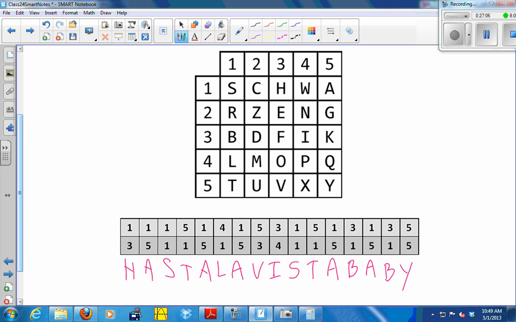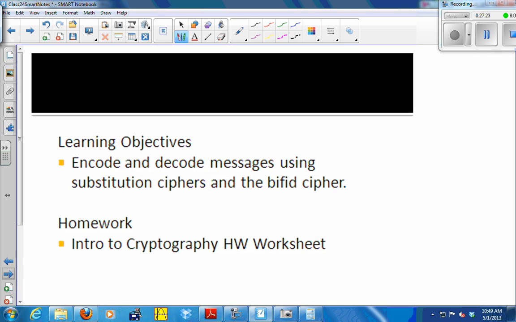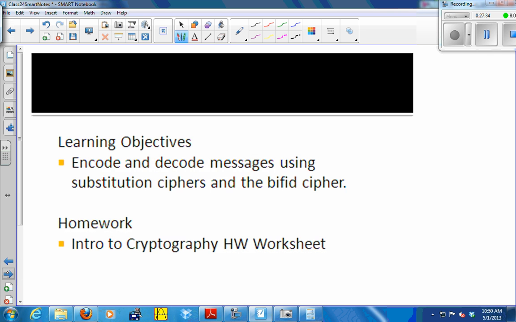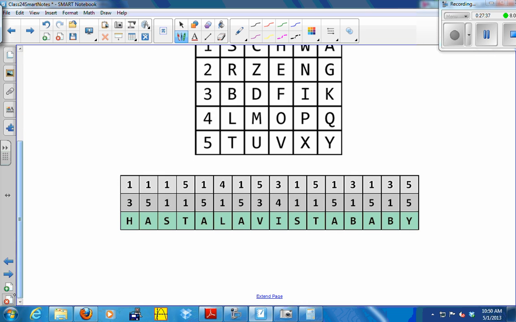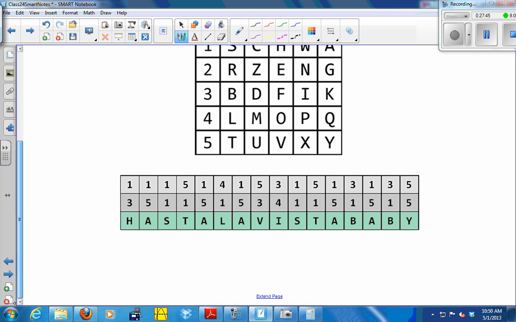If you were not the intended recipient and you were trying to break this code, it would be really difficult because every letter doesn't get encoded as the same letter, right? So hasta la vista, baby.